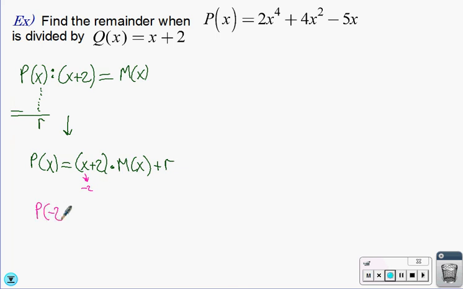P of minus 2, it will be minus 2 plus 2, 0 times m of minus 2 and plus the remainder we don't know. 0 times m of minus 2 will be 0, which means when I put minus 2, it will be equal to remainder directly, because all of the other parts in here, the mx, x plus 2, they will all be gone when I put minus 2.